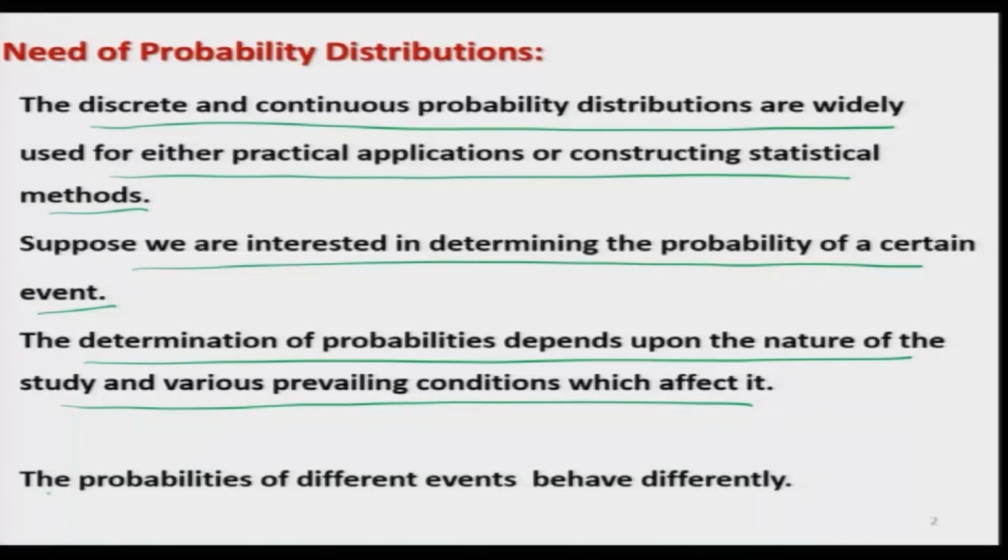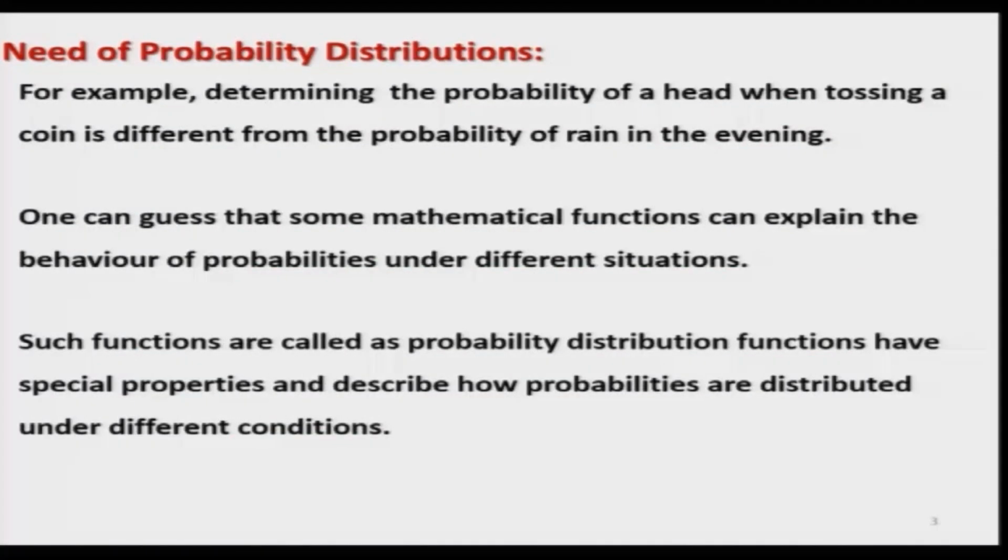Right. The probabilities of different events behave differently. So, for example, the probability of determining the head when tossing a coin is very different than determining the probability of rain in the evening. These two are different events, and do you think that if I ask you to compute these two probabilities without using any mathematical function, you are going to compute them in the same way?